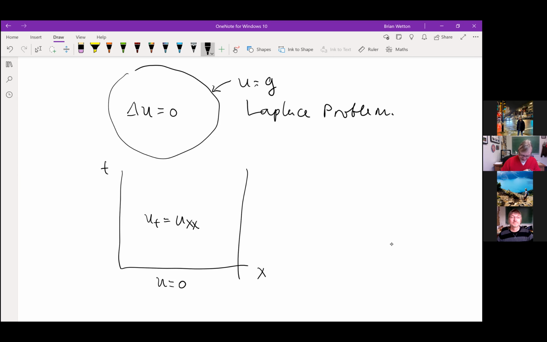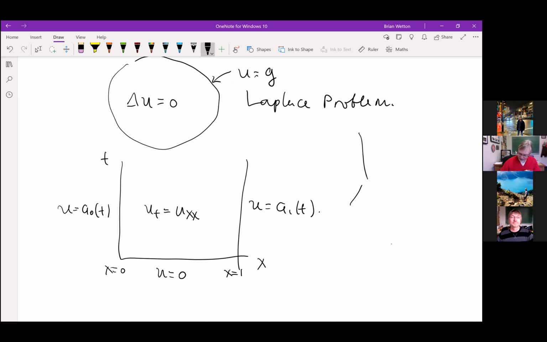What we haven't handled yet is non-homogeneous boundary data. So what if we gave data on the boundaries? How would that look? So these are two problems that we will come back to later in the course.